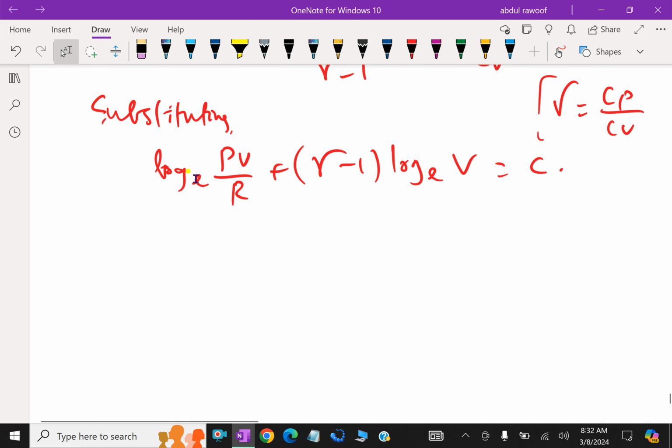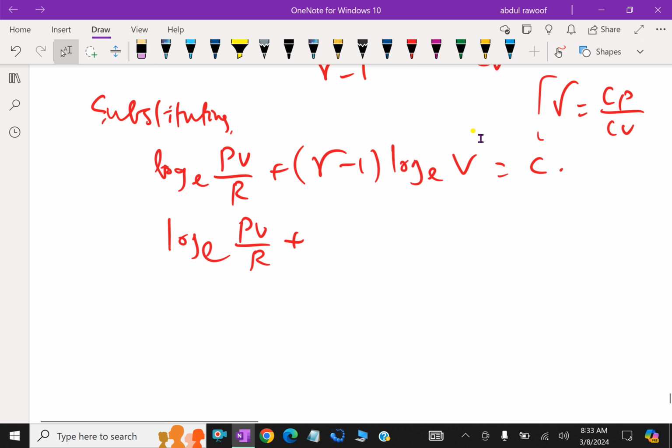Now, before the addition of logs, log e PV by R plus this gamma minus 1 is a multiple of log e V, that goes as a power, that is log e V power gamma minus 1 is equal to constant.